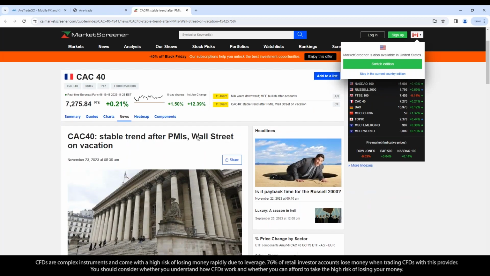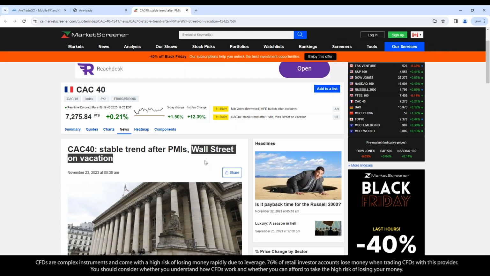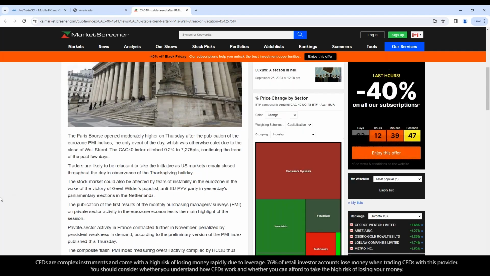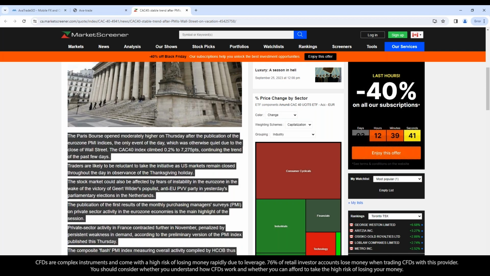So this is taking into account that Wall Street will be closed, vacation day, and that the PMI numbers were solid out of the European Union. So it's having an effect maybe on some indices, including the CAC 40 apparently. Within this article, it's discussed.